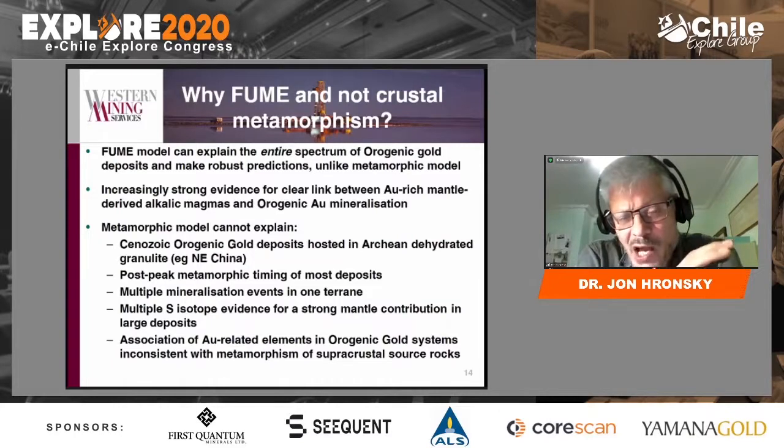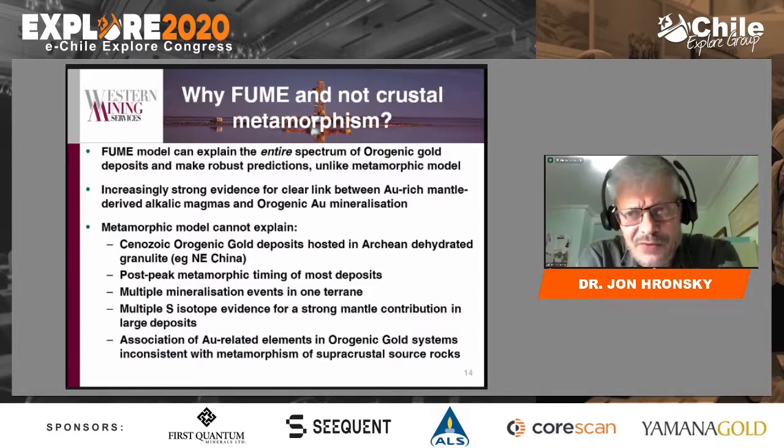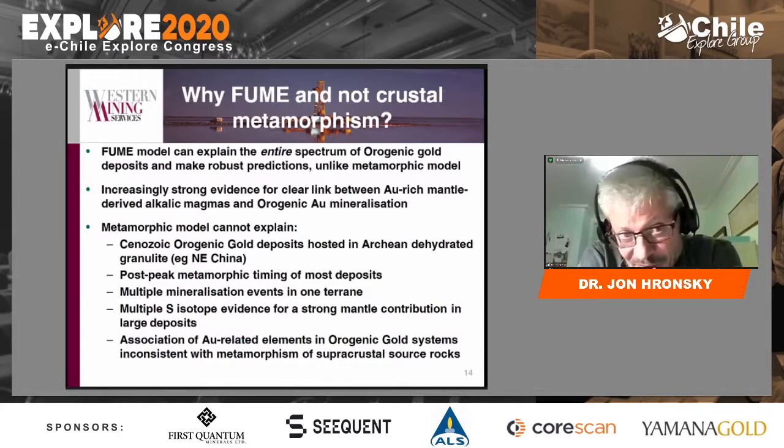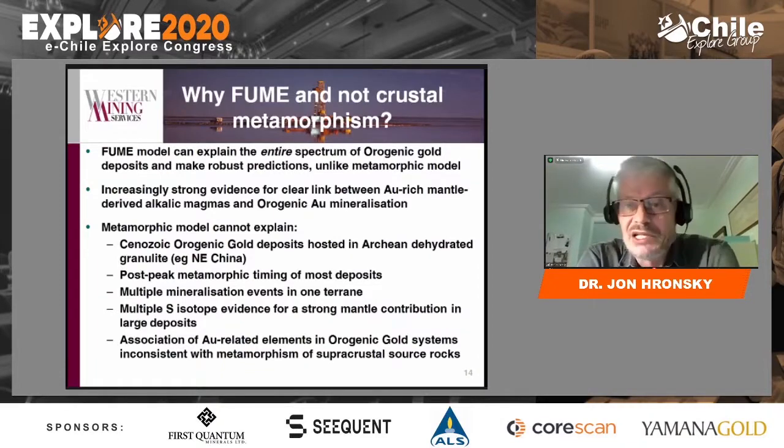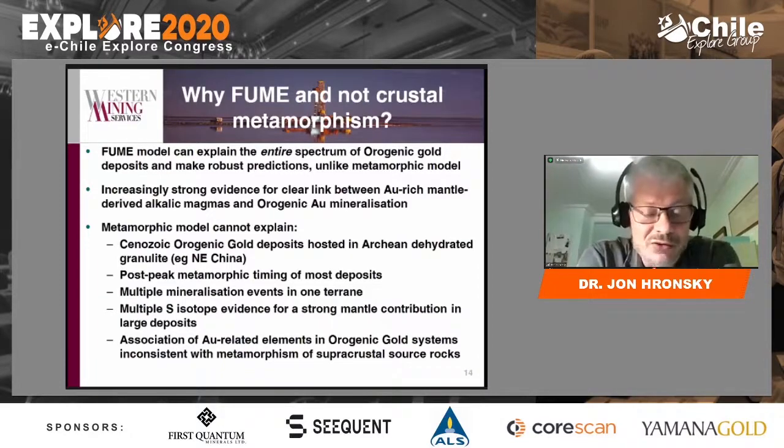So why am I invoking the FUME process and not crustal metamorphism for those rocks? Well, several reasons. Firstly, the FUME model can explain the entire spectrum of orogenic gold deposits we see and make robust predictions, unlike the metamorphic models, which can't explain that entire spectrum. We see increasingly strong evidence for a clear link between gold-rich, mantle-derived alkalic magmas and orogenic gold mineralization. I showed you that in some of the earlier slides.